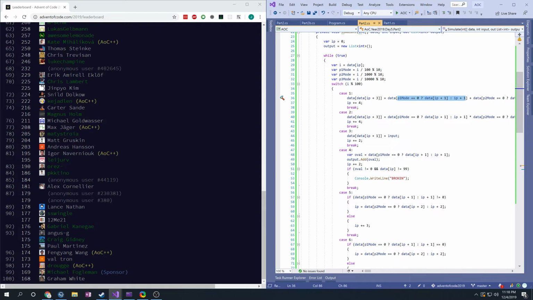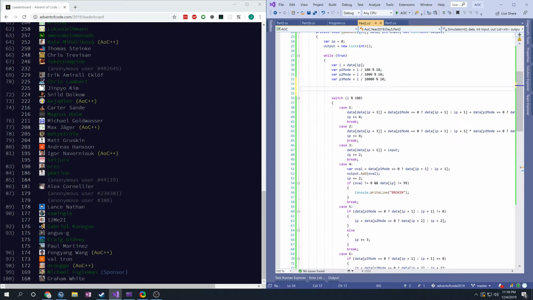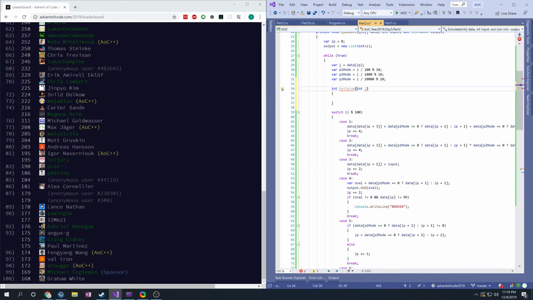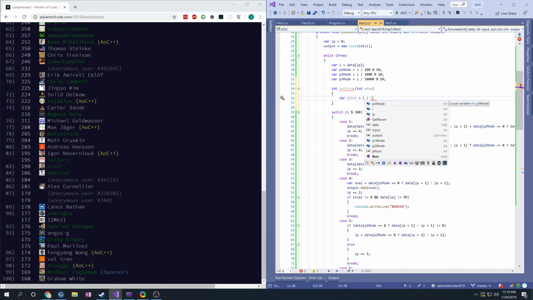Parameter things. Let's see. The mode will be I divided by 10 times 10 to the pnum, mod 10.